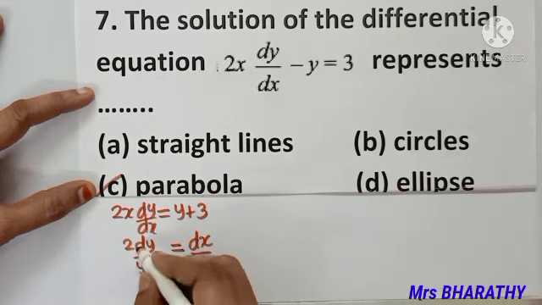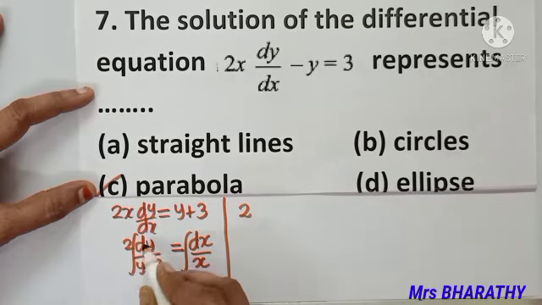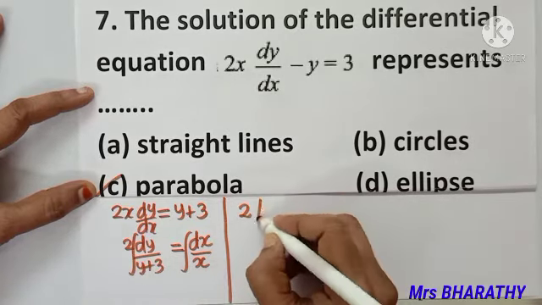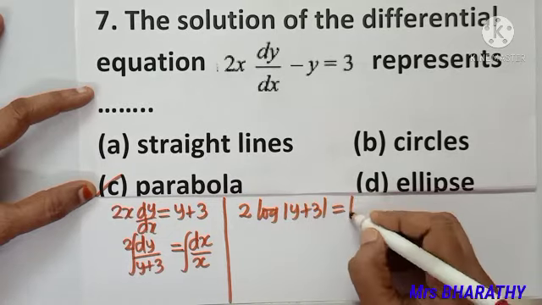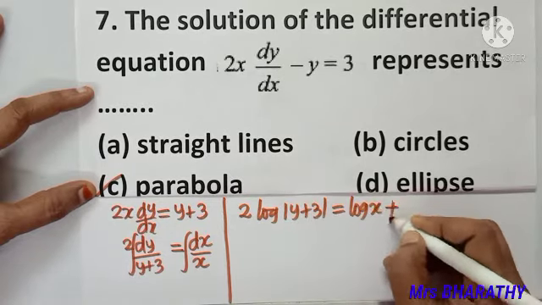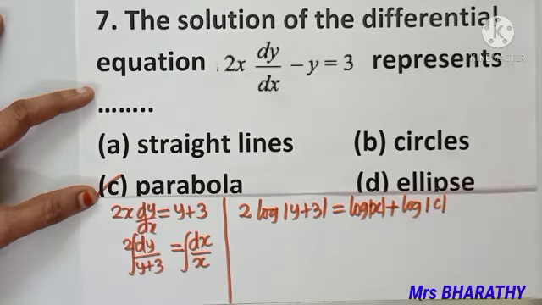As we separate, let us integrate. 2 into dy by y plus 3 becomes log y plus 3. dx by x becomes log x, and constant let us introduce as log c.